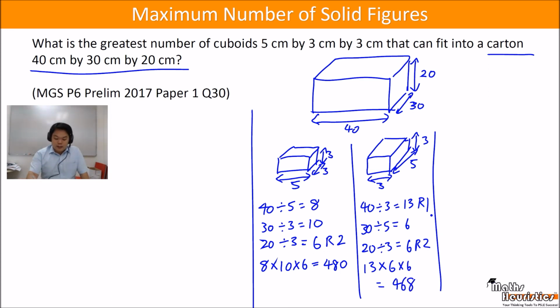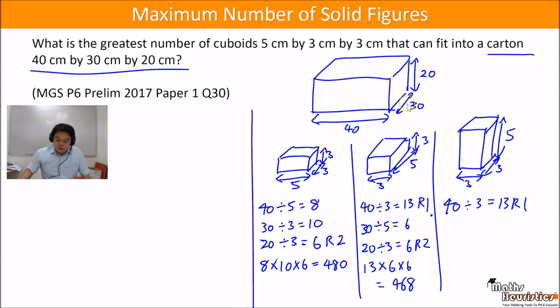Okay, then one last orientation is to put it standing up. This will be 3. This will be 3. This will be 5. Now along that 40 cm edge, how many cuboids can we put? That will be 13, remainder 1.